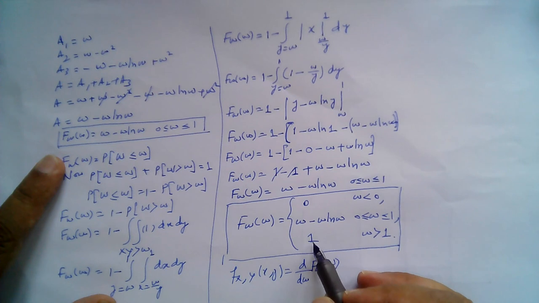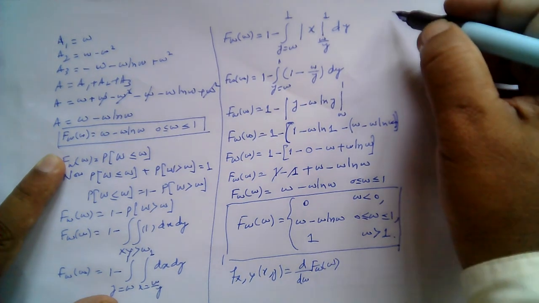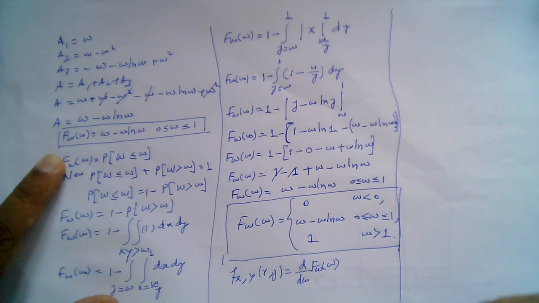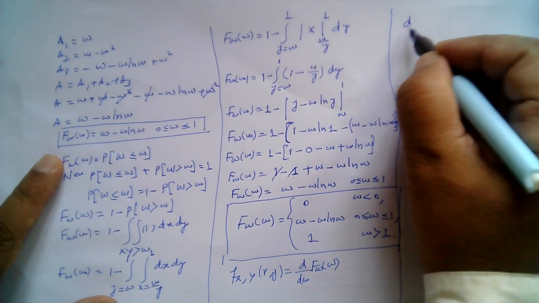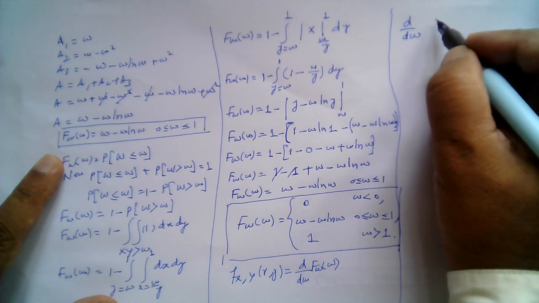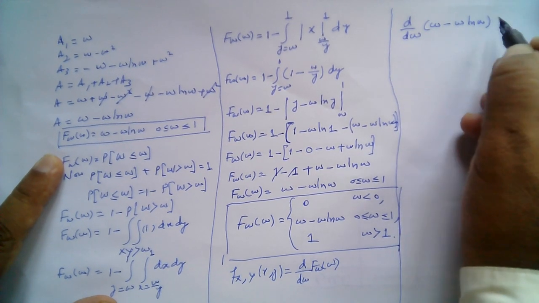If we differentiate this, this is already a constant, this comes out to be 0. We are left with only this thing, right? And we can differentiate it to arrive at our answer, right? So d by dw of w minus w natural log of w, right?